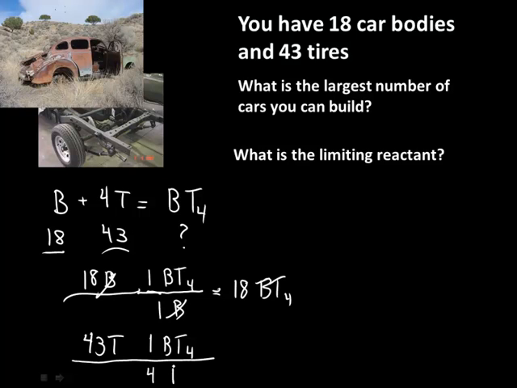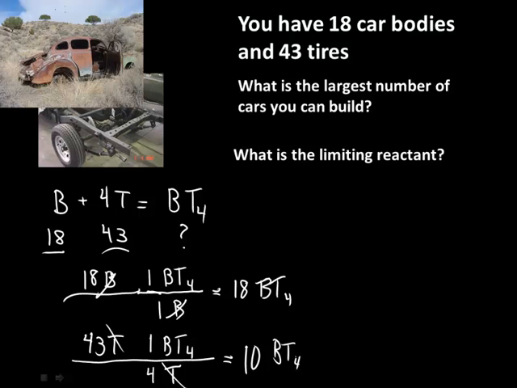For every 4 tires. So notice here my units cancel out, and I come out with cars. But what's the answer? 43 divided by 4 is equal to 10.75. So I can only make 10 cars.